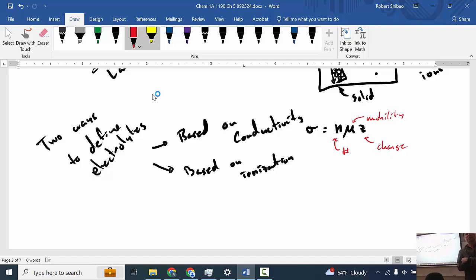And so we divide conductivity into 3 categories. The 3 categories are metallic conductivity. Metallic conductivity means it conducts electricity as good as a metal. And the standard is like gold and copper. Those are very good. And then we have an insulator.